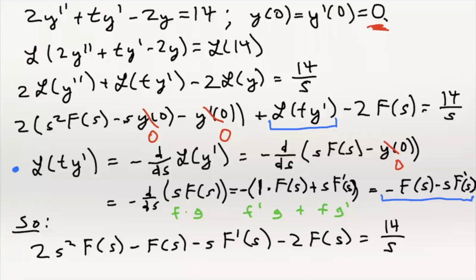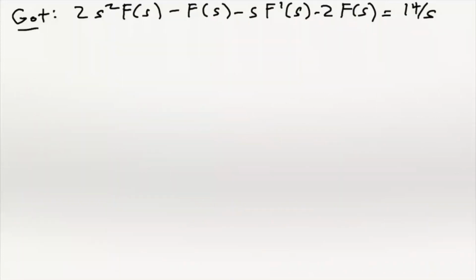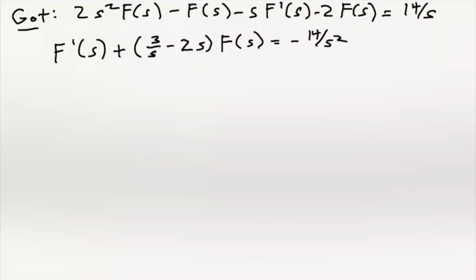And now this is a first order differential equation. So we can now apply our Chapter 2 techniques to solve this. So we got this, and this does not look separable, but it's linear. Rearranging it into our standard form for integrating factors, this is that.